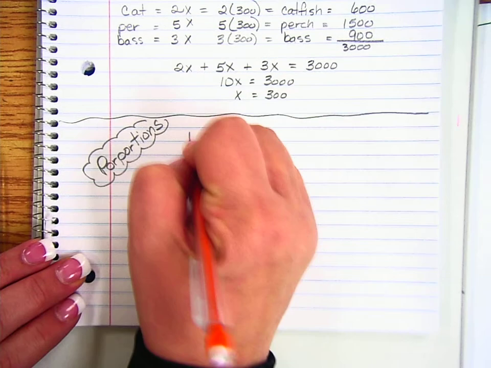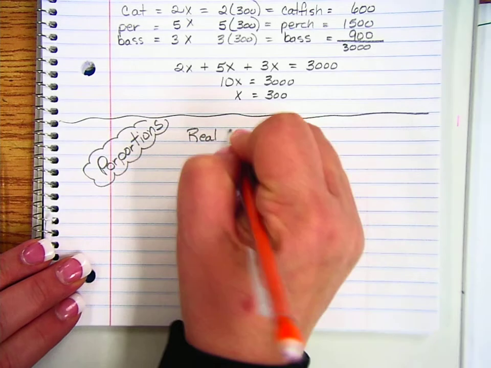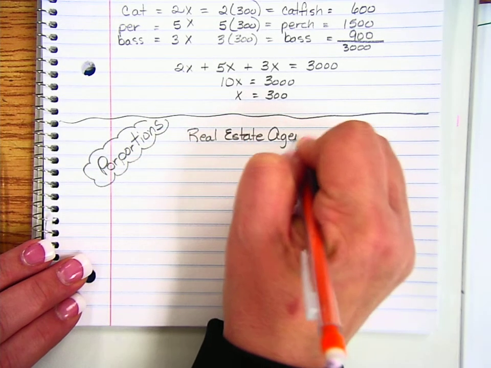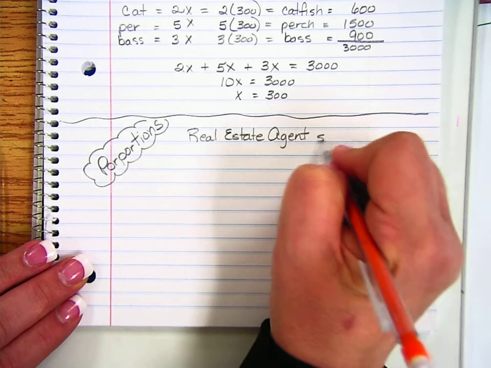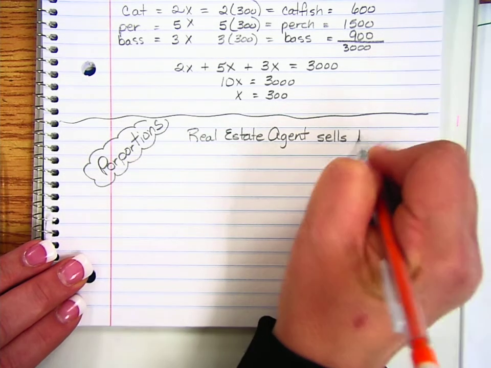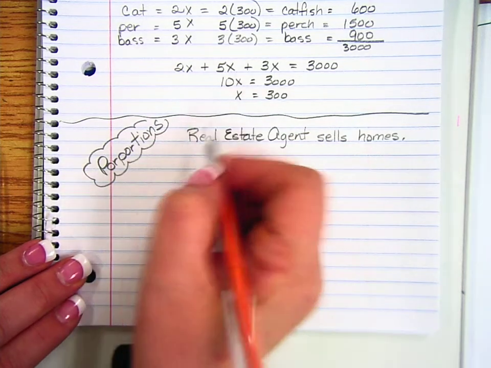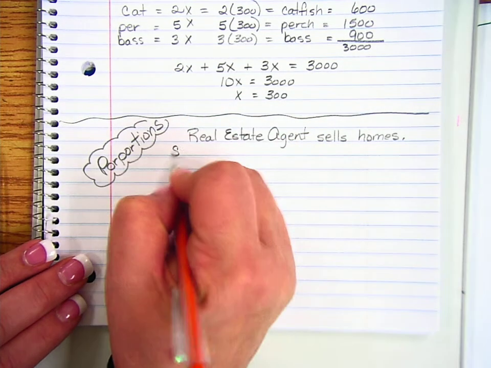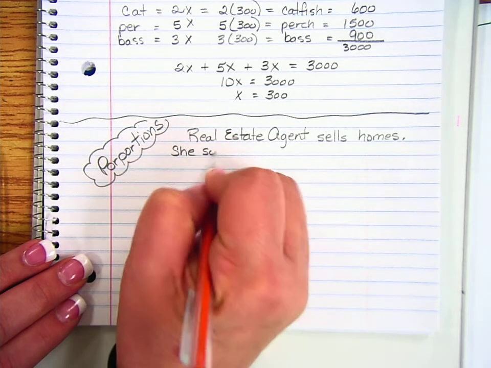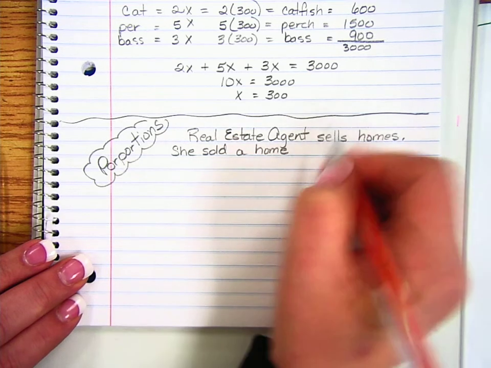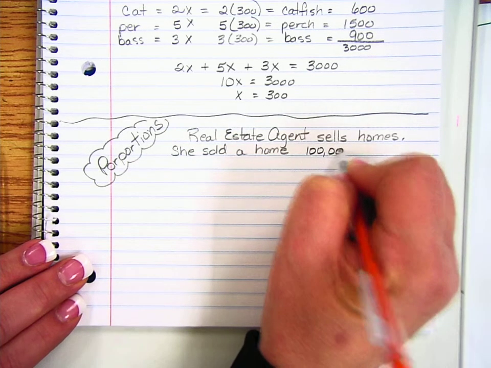We have a real estate agent. What do they do? Okay. Have a real estate agent that sells homes. And let's say that she sold a home that cost $100,000.